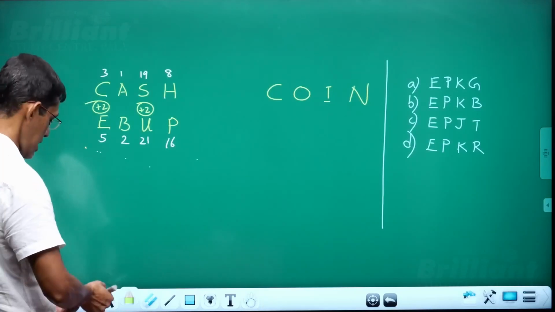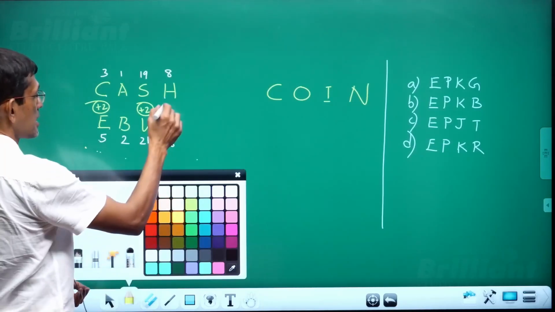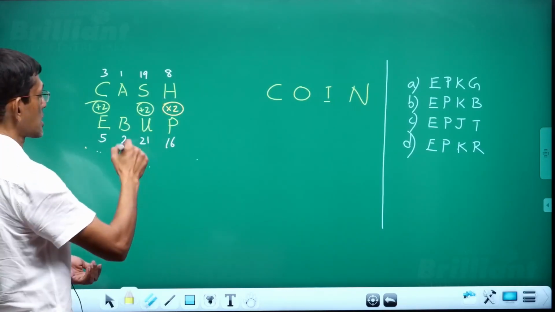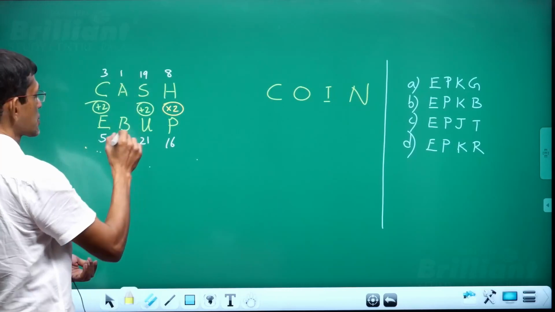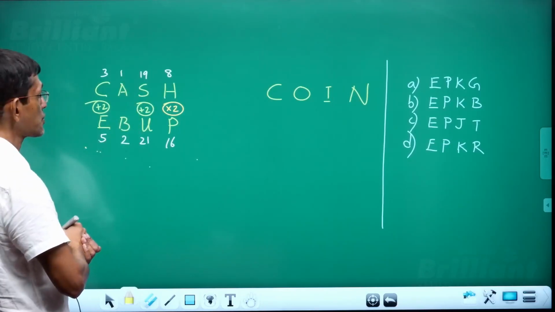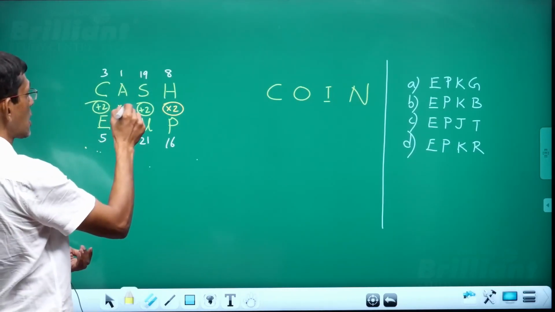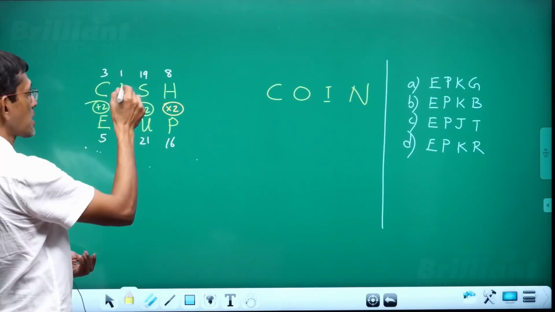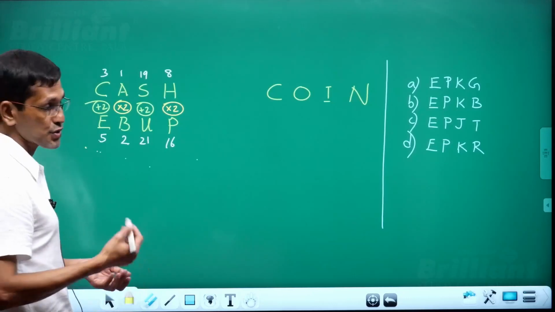At the same time, probably you notice that 8 into 2 is 16. See that? 8 into 2 is 16. In that case, 1 into 2 is 2. Okay, that's good. So A plus 1 is B. At the same time, A into 2 is B.